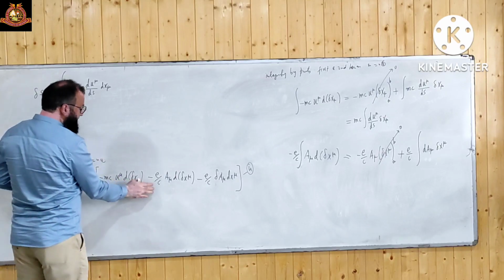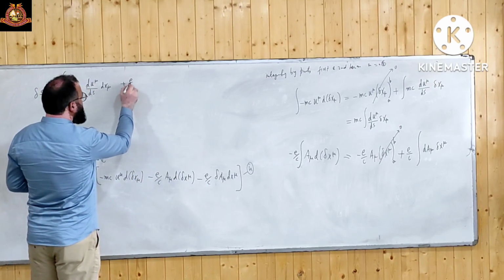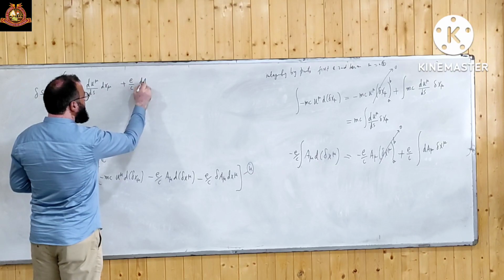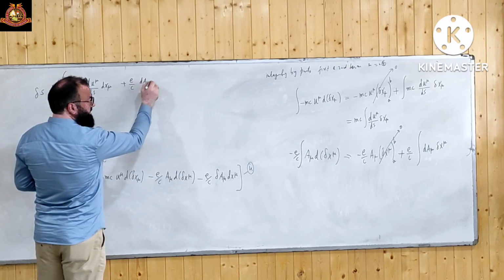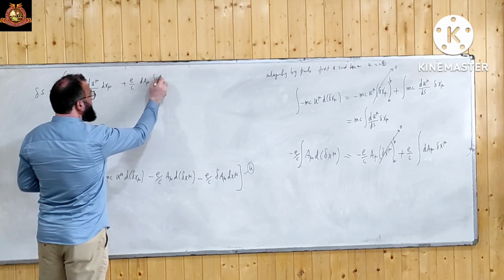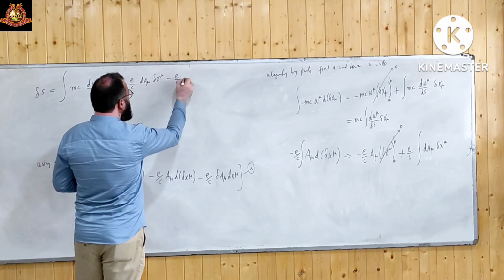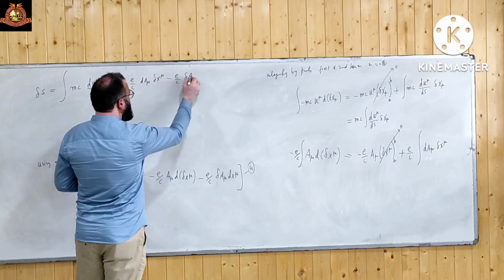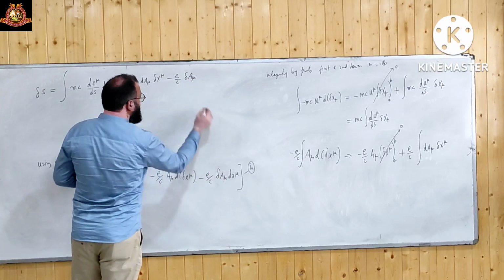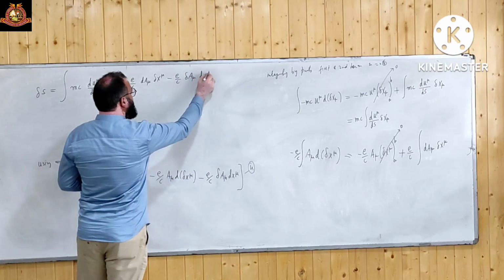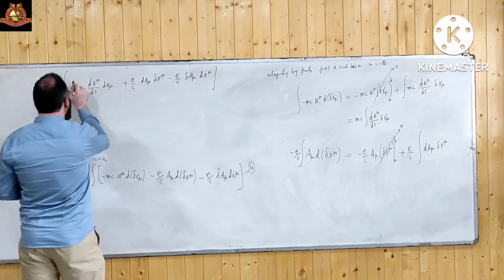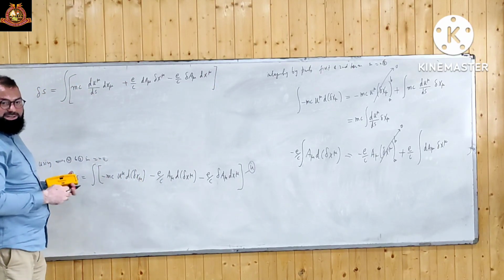Then from this term you have plus e by c dA mu, then you have delta x mu. Then you have this term minus e by c delta of A mu, and then you are having... So this is the variation in action.